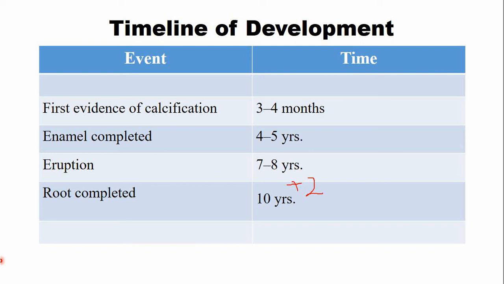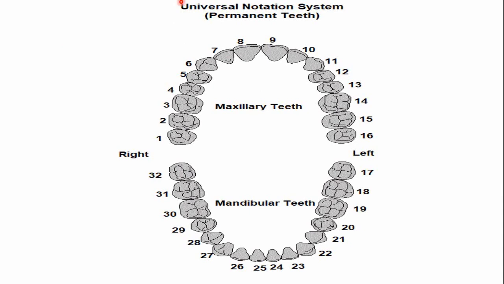Now we will study the number of this tooth in three different numbering systems. In the universal numbering system, the number of the maxillary central incisor for the right central incisor is 8. And for the left central incisor, the number is 9, sorry, it's 9.